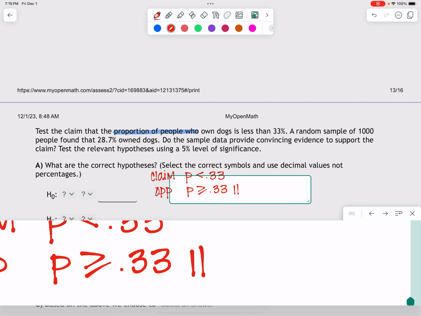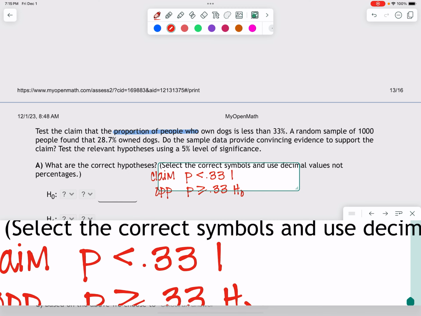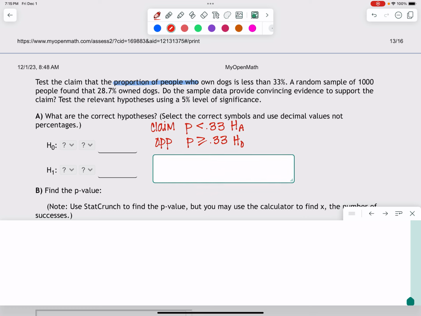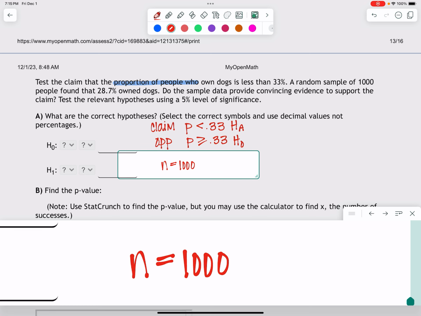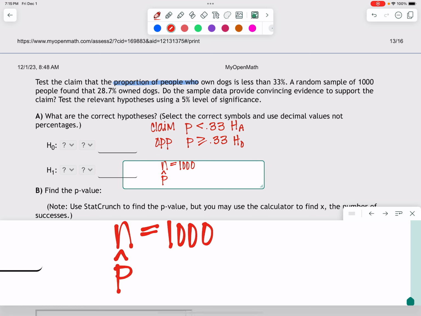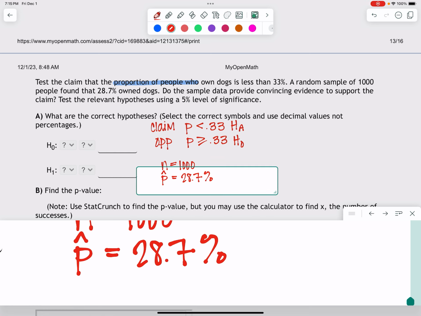So it looks like you've got HO right here and HA. We do a sample of 1,000 people. We have a P hat of 28.7%. And it looks like we need an alpha of 0.05.